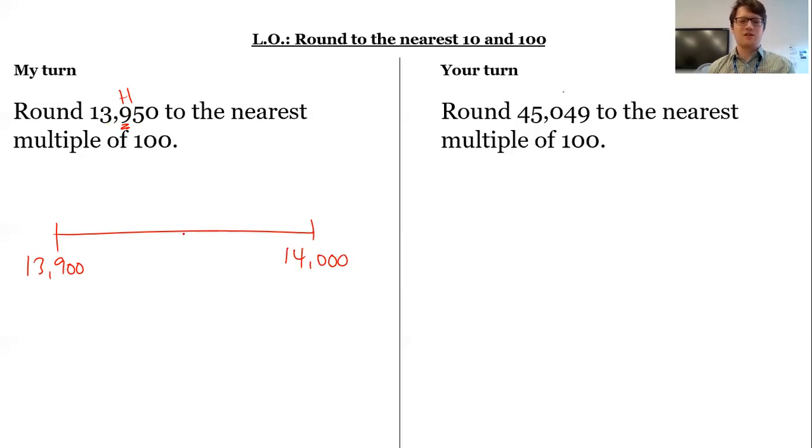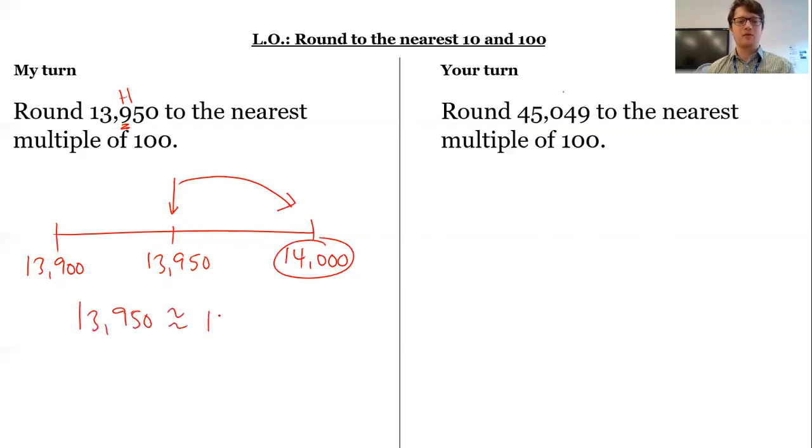And the reason we're doing this is it looks a little bit different when you're suddenly going across a multiple of 10. So halfway is 13,950. Well, if it's exactly on halfway, remember that's actually closer to the higher multiple. So 13,950 rounds up to 14,000 to the nearest multiple of 100.